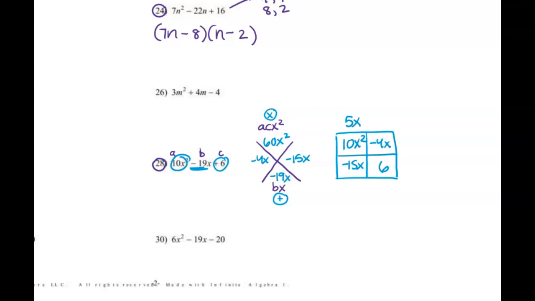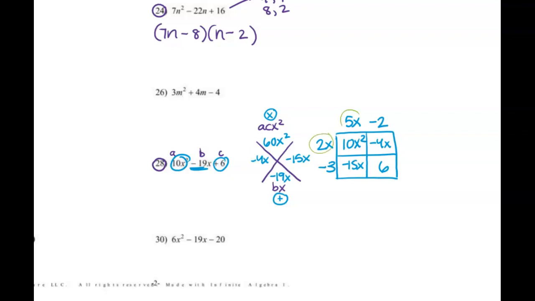I'm going to keep it positive because in general you want the first term of your binomials to be positive because it looks nicer, honestly. Negative 4x and 6, I'm going to go for negative 2. 10x squared and negative 4x, 2x. Negative 15x and 6, let's try negative 3. And so truly, I kind of guess on the negatives. It's always good to check at the end and make sure you did it right.